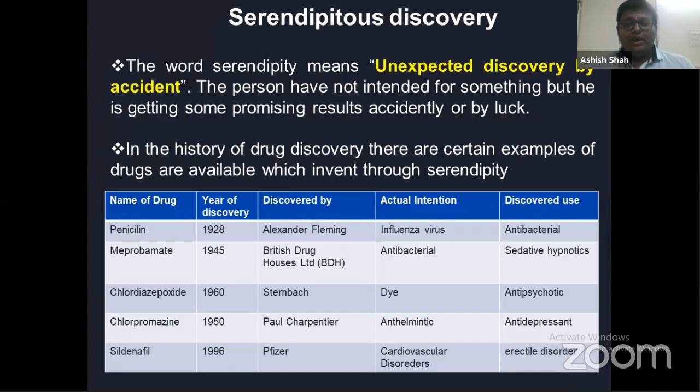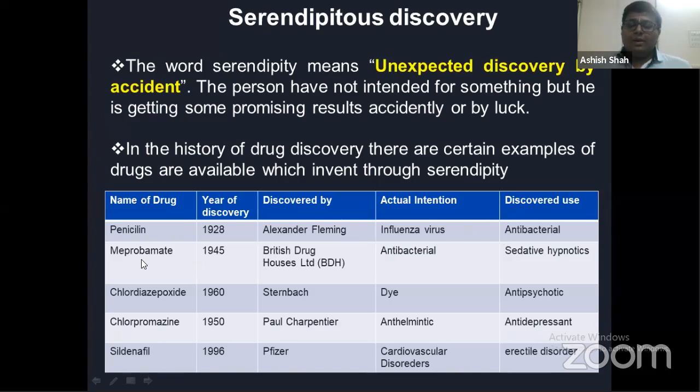There are many examples of drugs discovered through the serendipity approach. A very well-known example is penicillin, discovered by Alexander Fleming. He was researching the influenza virus, and by accident he found the antibacterial activity of the penicillin mold.